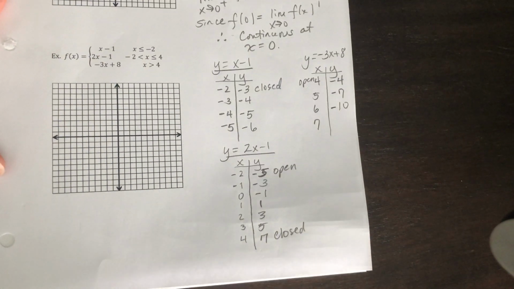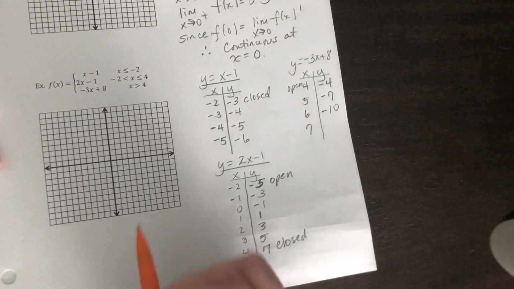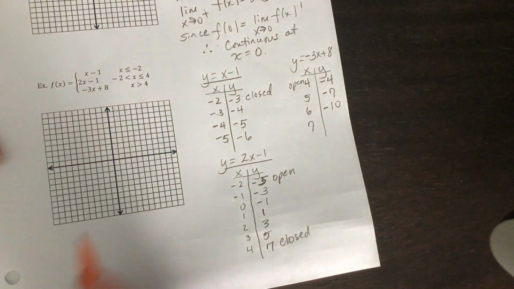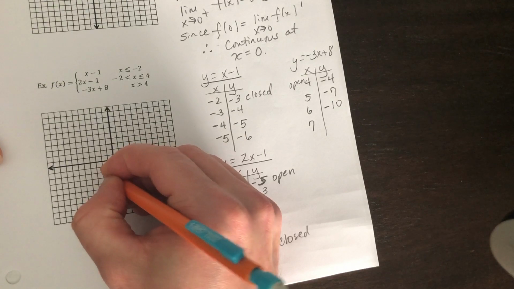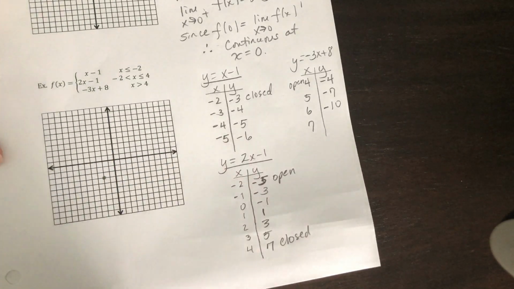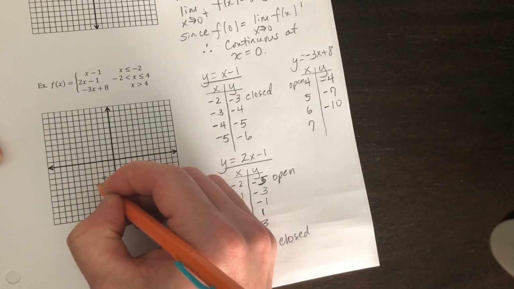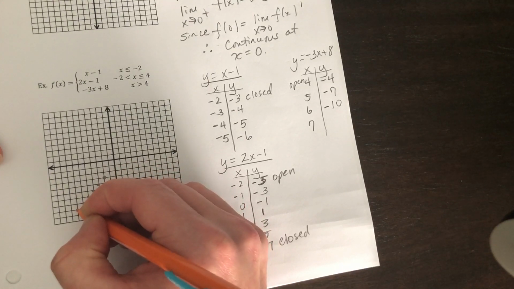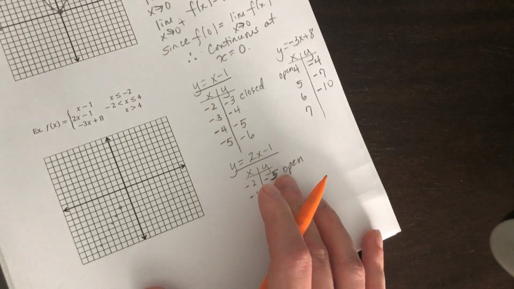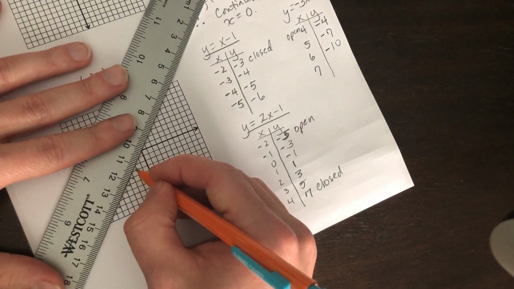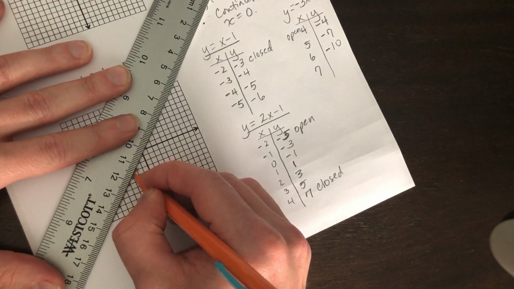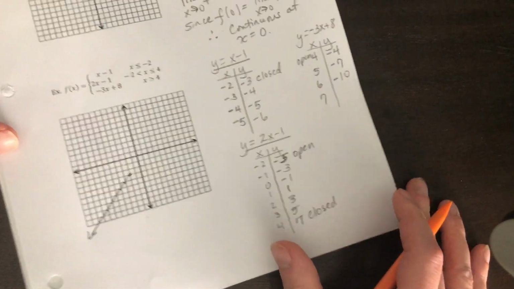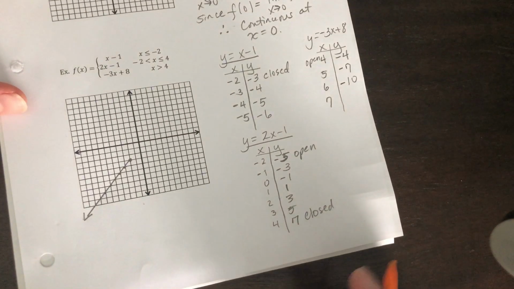Now, from there, we are going to graph these. So x is greater than, we'll do this one first, negative 2, negative 3. It's closed. Okay. 2x minus 1.